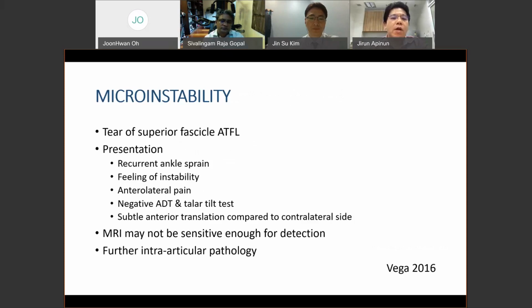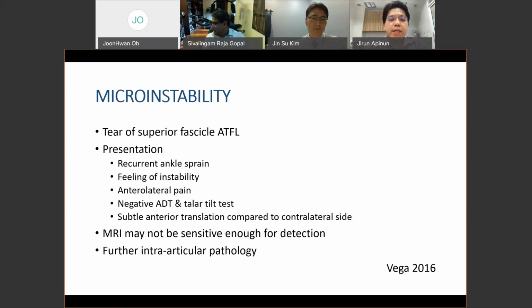Okay. And also the concept of micro instability has developed. This is the condition in which the superior fascicle of the ATFL is torn, and patients present with recurrent ankle sprain and a feeling of instability. There's also anterolateral ankle pain.